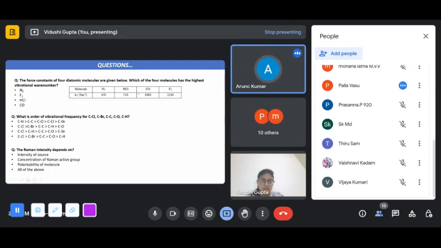For CO it is 4.48. Okay, and for HCl and F2.